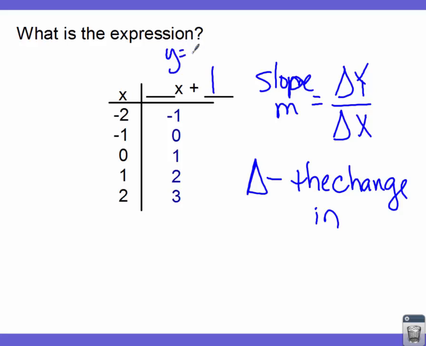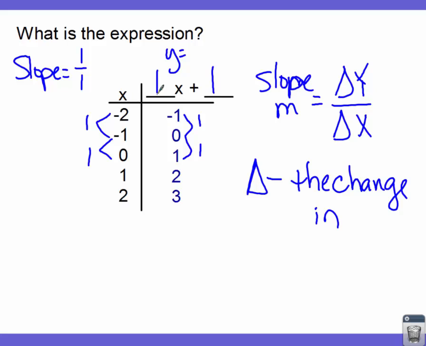And these are what we call the y values. So if we look at the pattern going down the right-hand side, we notice that we're counting by ones. That's the change in y. Then we look at the pattern on the left-hand side, the change in the x values, and that is also 1. So our slope then is equal to 1 divided by 1, and that's a ratio. So 1 divided by 1, when we do the math, it's just 1. So the expression that models or makes this T-chart is 1x plus 1.